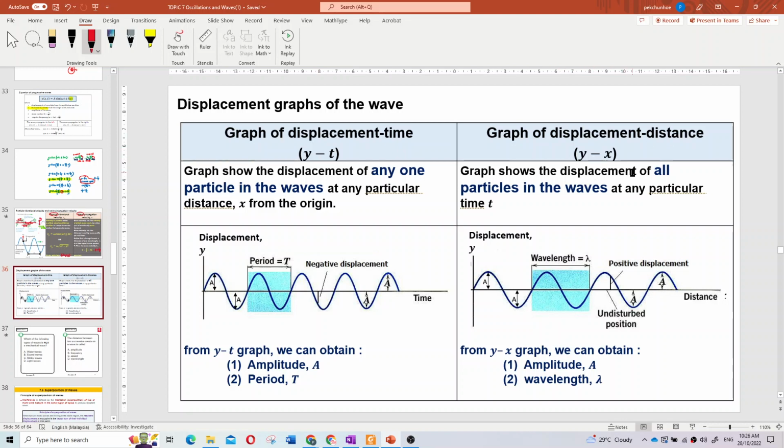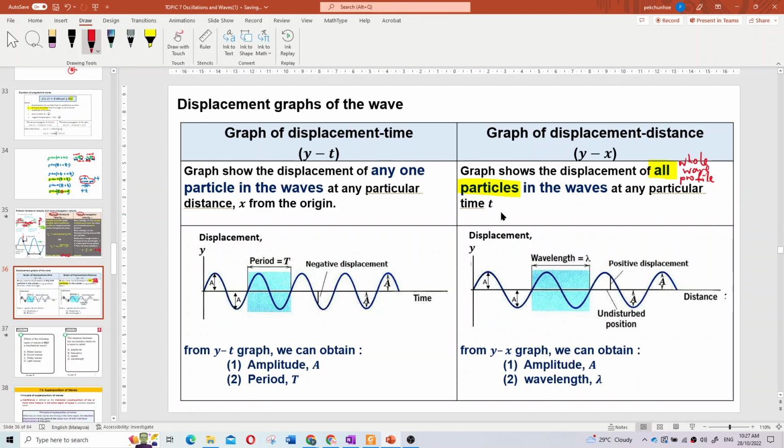Displacement distance shows the displacement of all particles in the wave at any particular time. It shows all particles, or in other words, it shows the whole wave profile at a certain time.